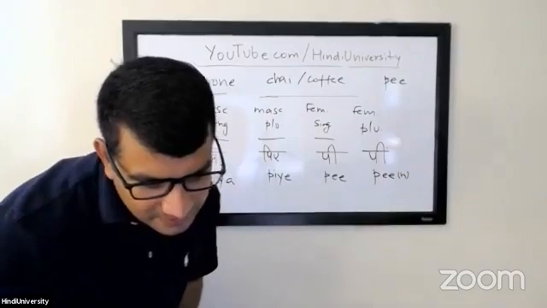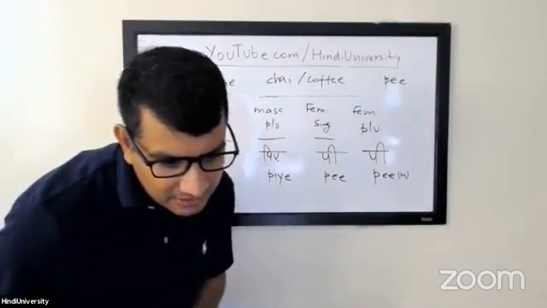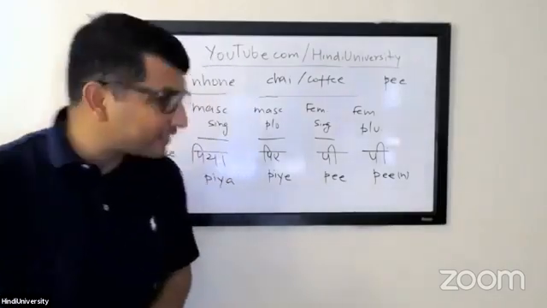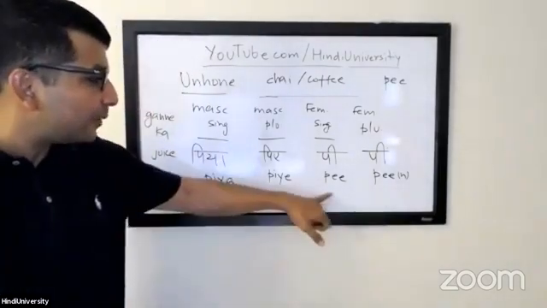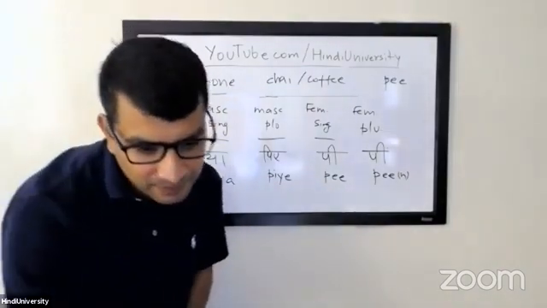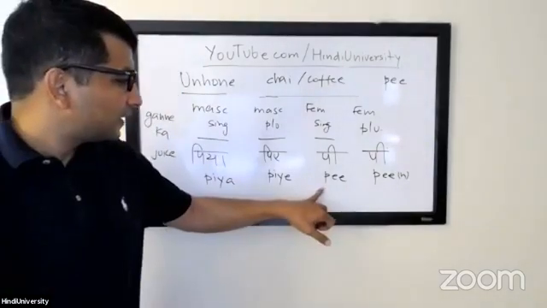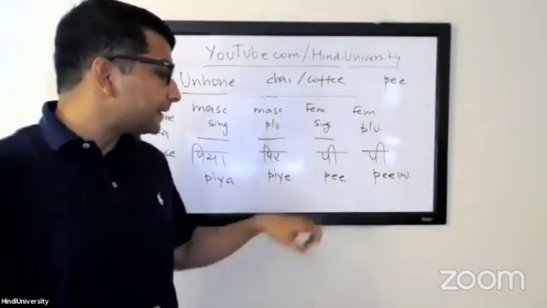Okay, so I see some examples here. Sarah has written, "Unhone hamesha bahut cigarette pee." Okay, so cigarette, as you're right, is considered feminine singular. So you will use cigarette pee. Awesome. Even liquor is considered feminine singular.